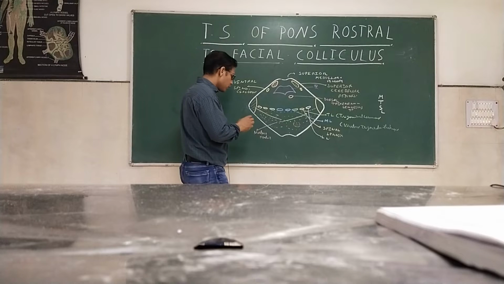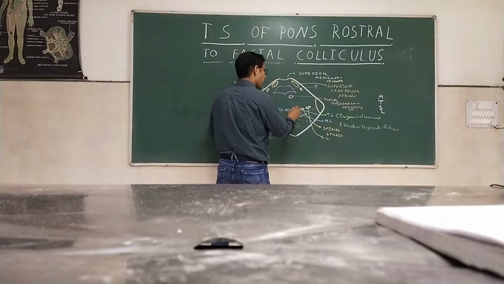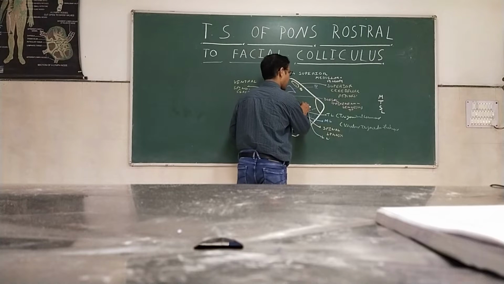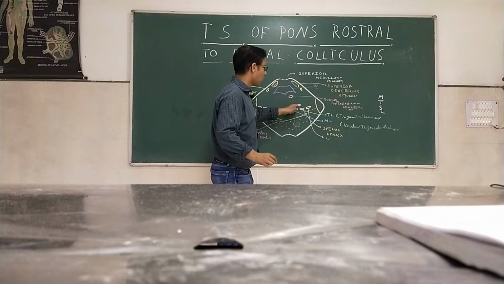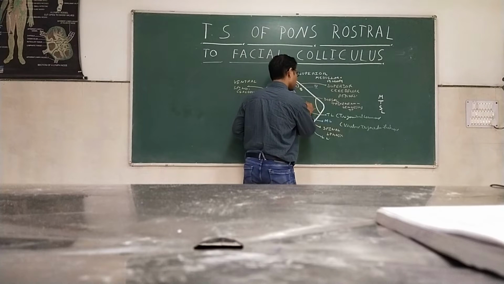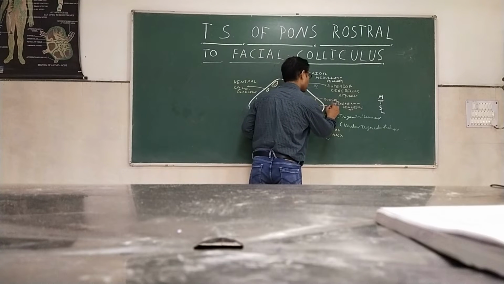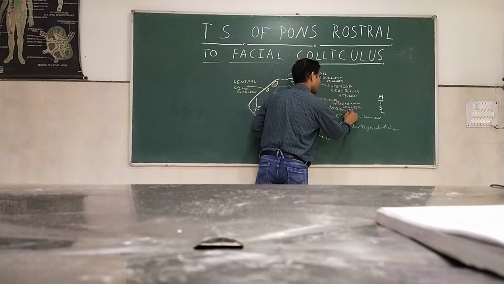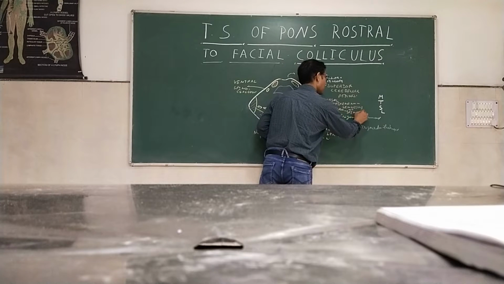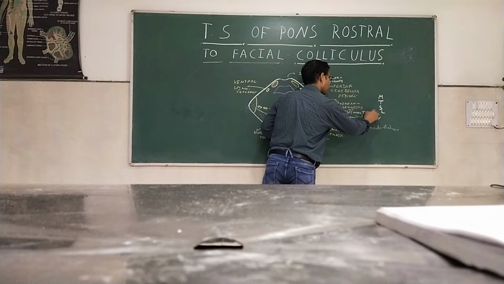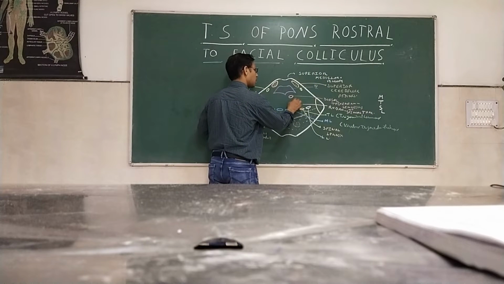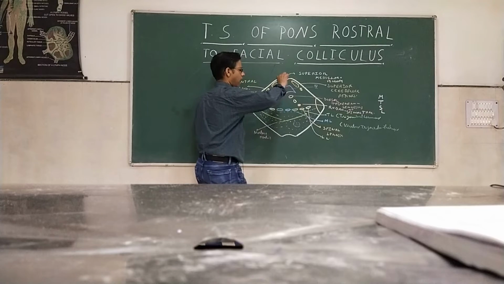Okay, now two more things. One, in between them, there is a red tract, the rubrospinal tract. In between this ventral and dorsal, the rubrospinal tract. And one more thing, the central tegmental tract.